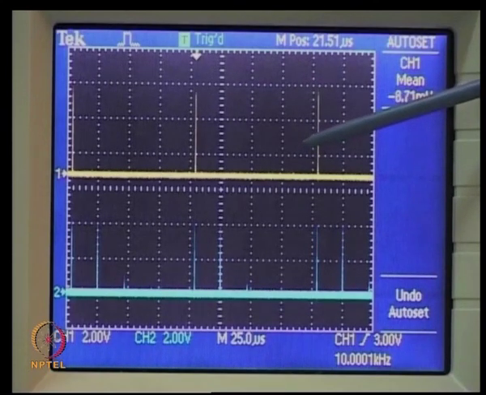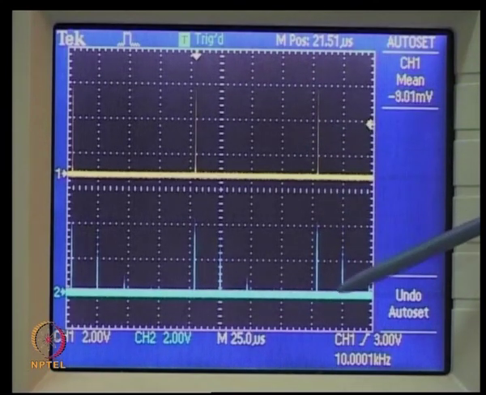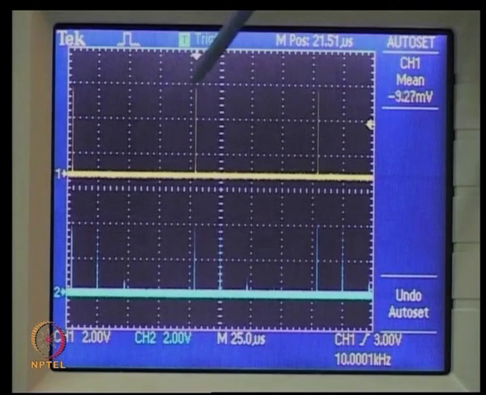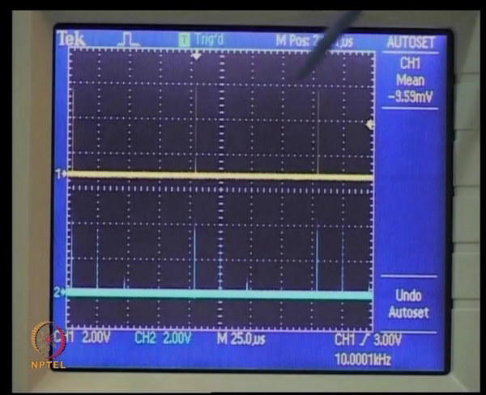Channel 1, that is the yellow line, is the transmitted data, and channel 2 is the received data. Here you can see that there are distinct peaks which correspond to the data rate which we had set.